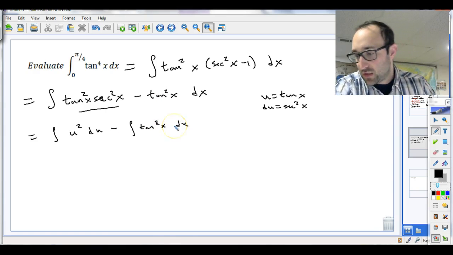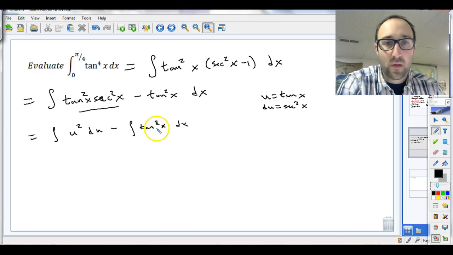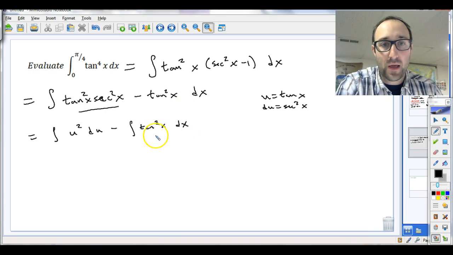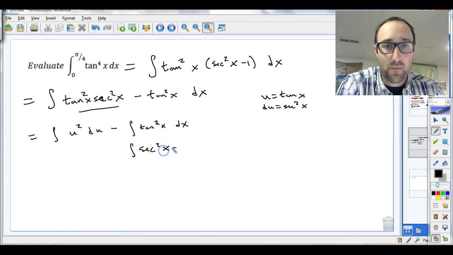I can rewrite this one as secant squared x minus 1, because that might make it a little bit easier. So I'm going to rewrite this part as the integral of secant squared x minus 1 dx.